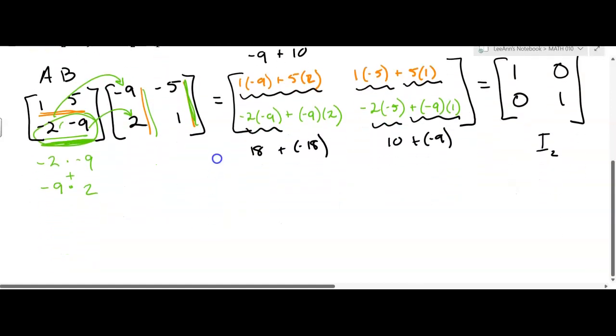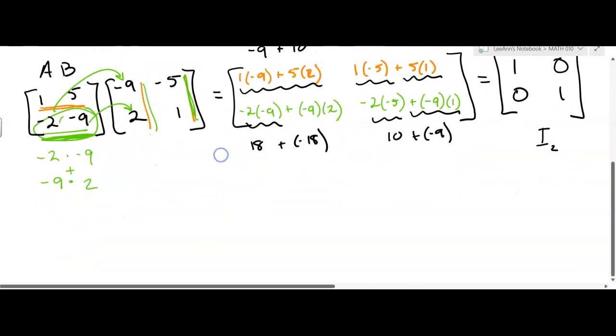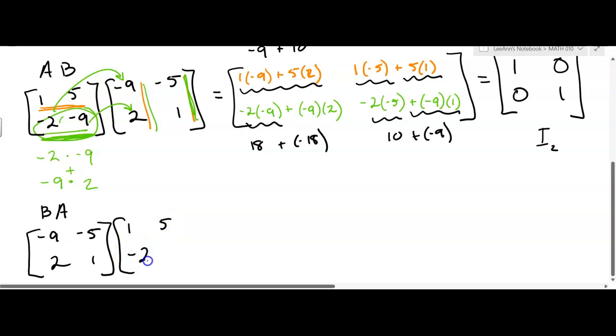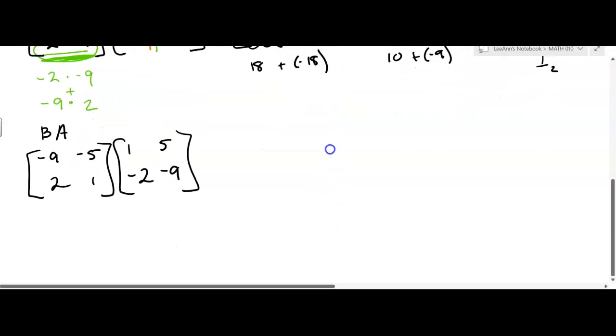Okay, now we have to go the other way. So we're going to switch them and go BA. So we're going to have -9, -5, 2, 1 times 1, 5, -2, -9. Okay, so we switched the order now, and it should work.